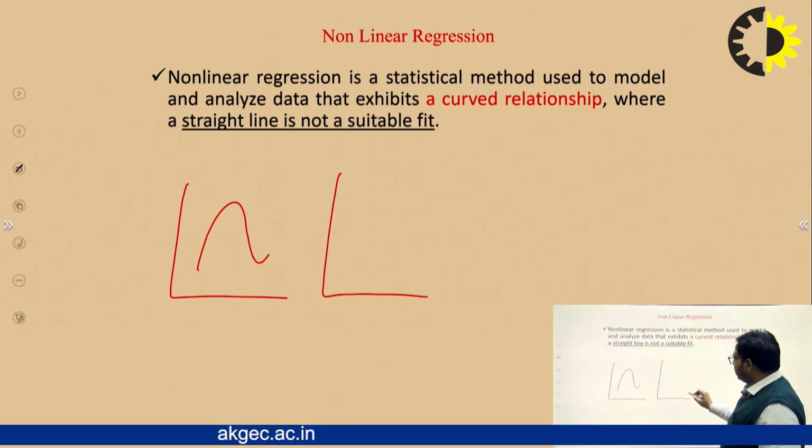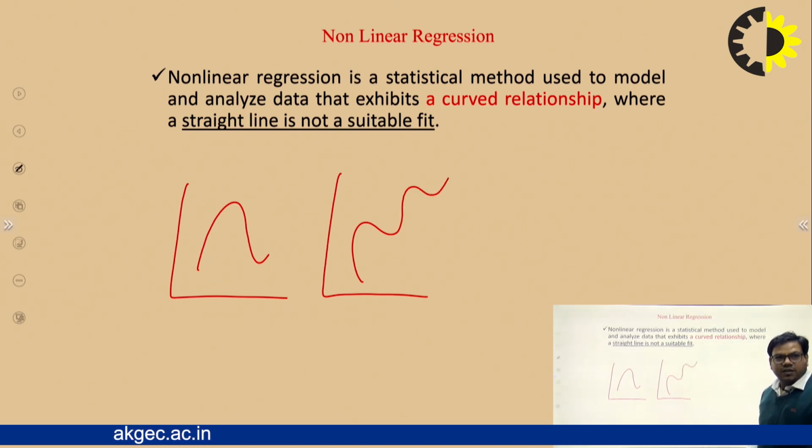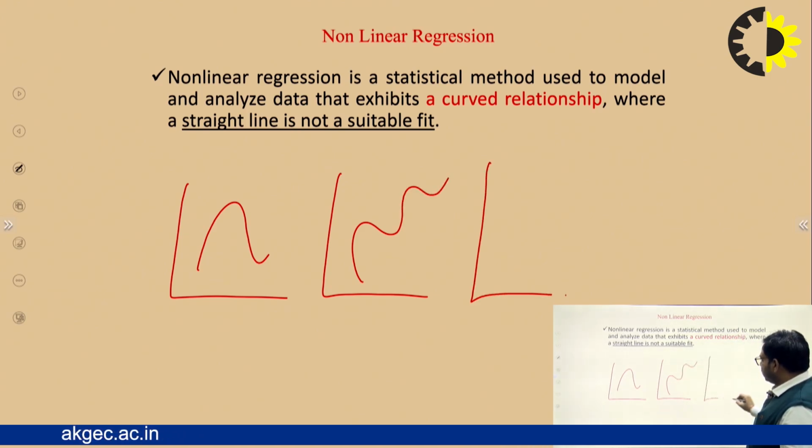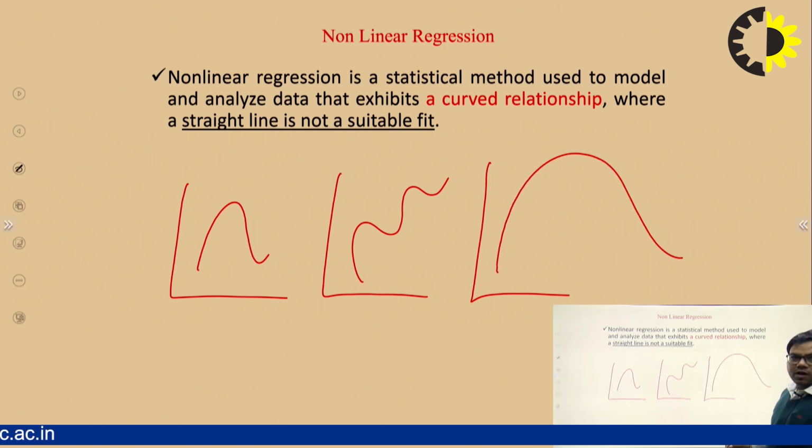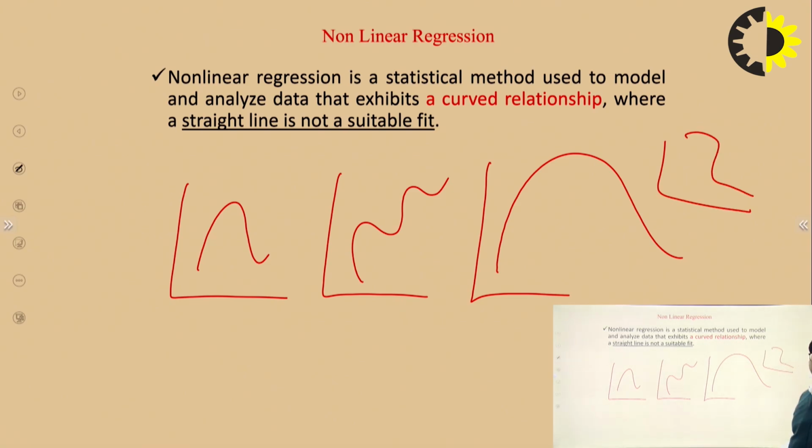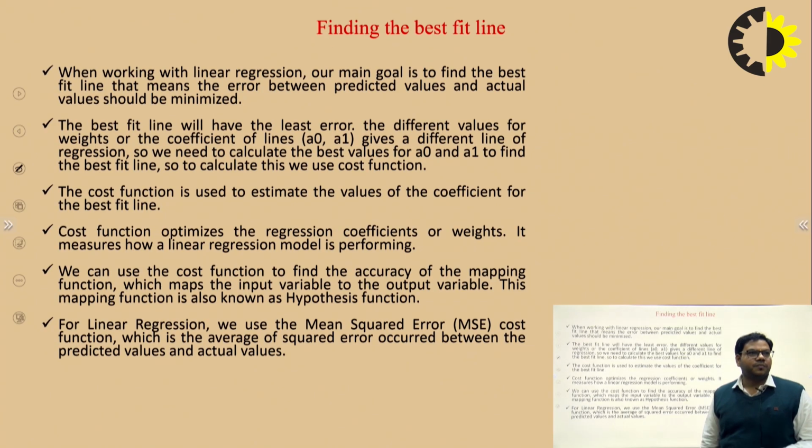It could be like this, the high variance. It could be like this, like a parabola. So there are multiple shapes and multiple kinds of curves possible. All these come under a class of non-linear regression, sometimes called polynomial regression.